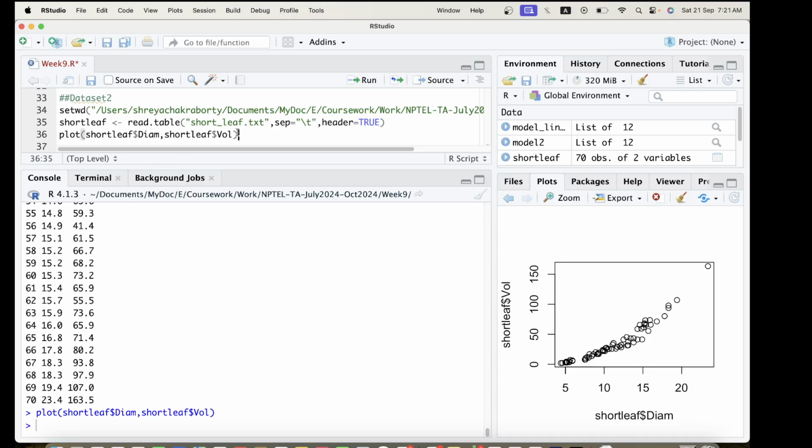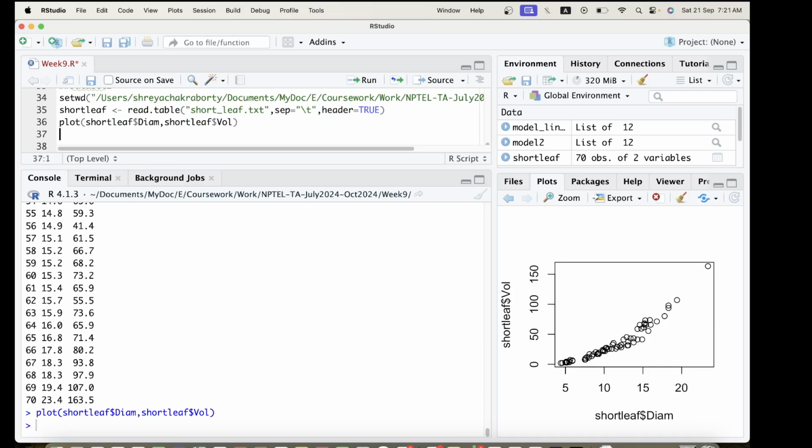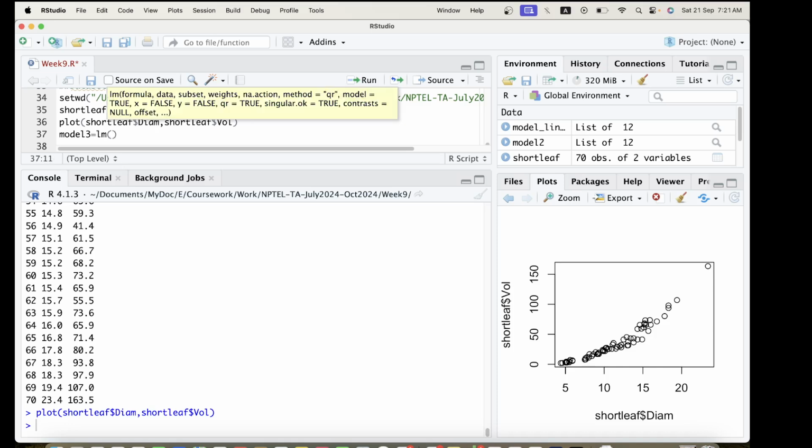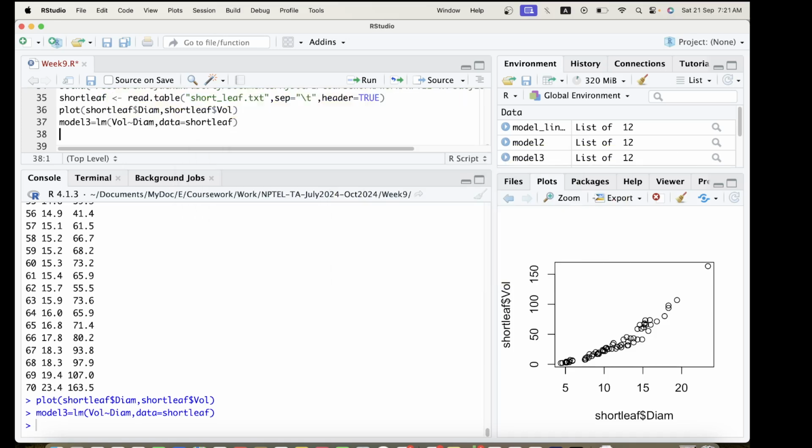If we just do a linear model, let's say model 3 equal to lm, vol on diam, because volume depends on diameter, and data equal to shortleaf, and then I do an abline of this model 3, color equal to purple, let's say.